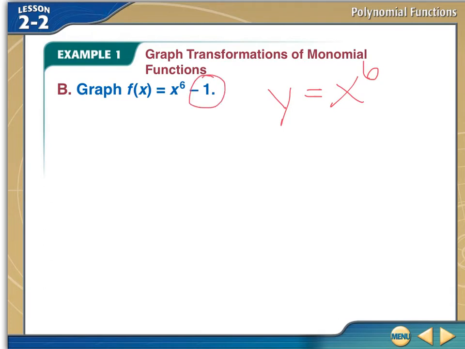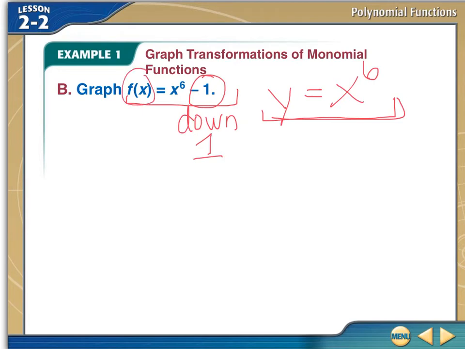This minus 1 is on the outside of the grouping symbols, so I know that it is going to shift the parent function down 1 unit. So essentially, they are the same shape, just f of x is going to be shifted down 1 unit.